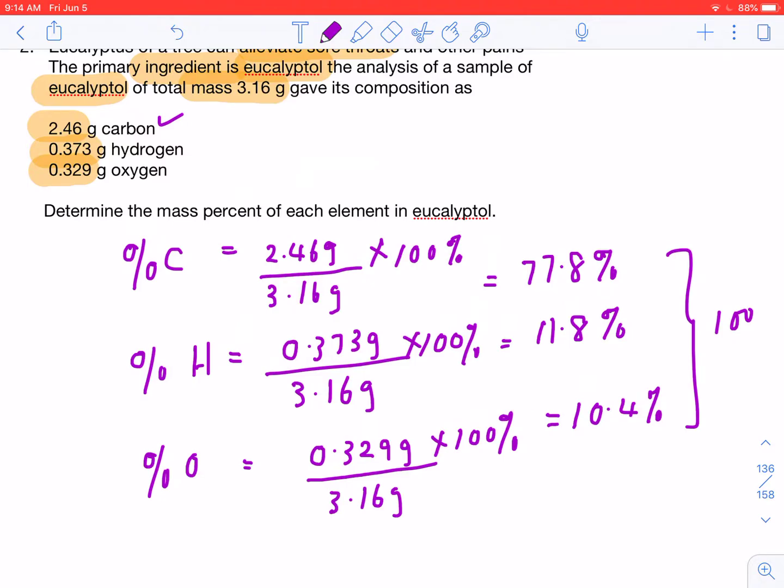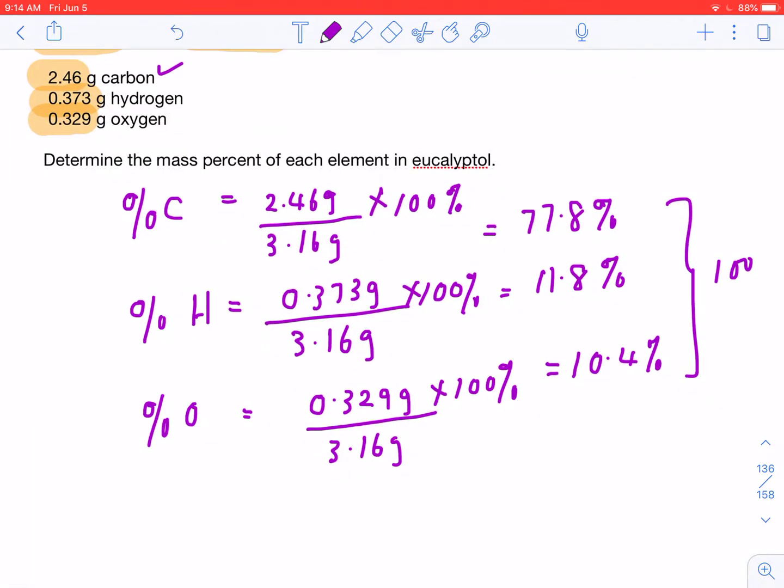But if I had a 100-gram sample, I would have had 77.8 grams of carbon, 11.8 grams of hydrogen, and 10.4 grams of oxygen.